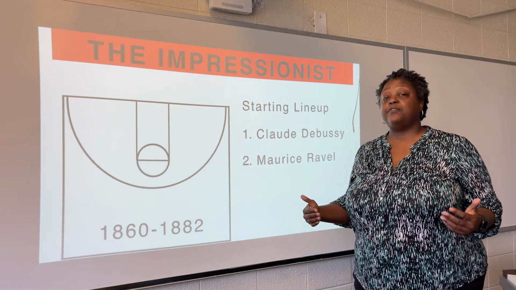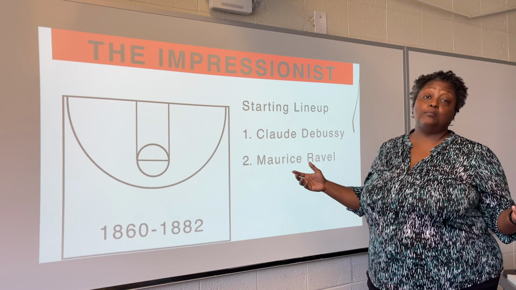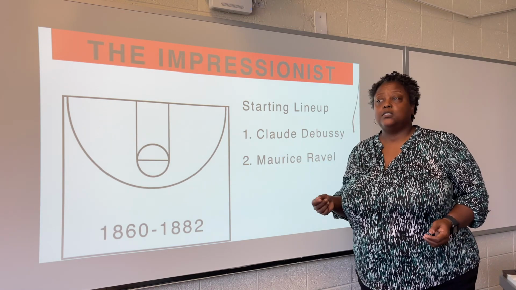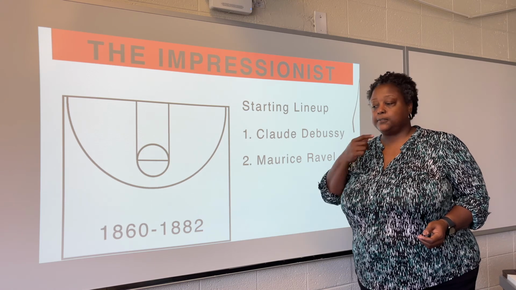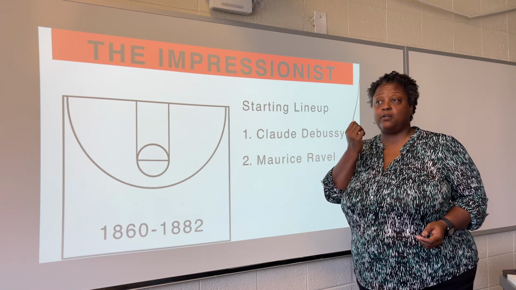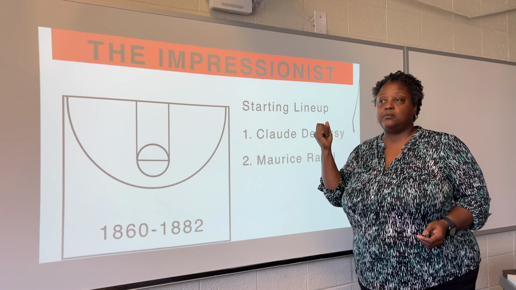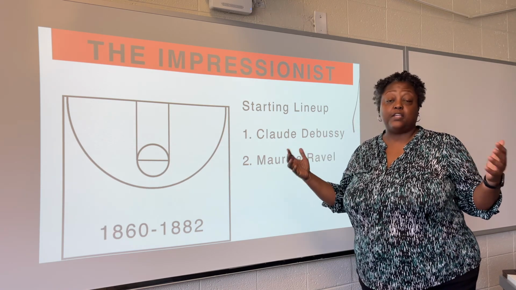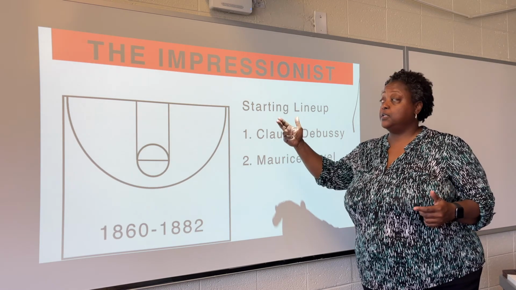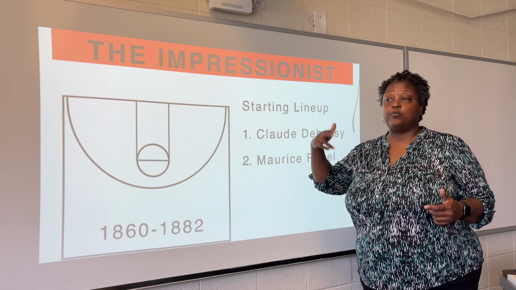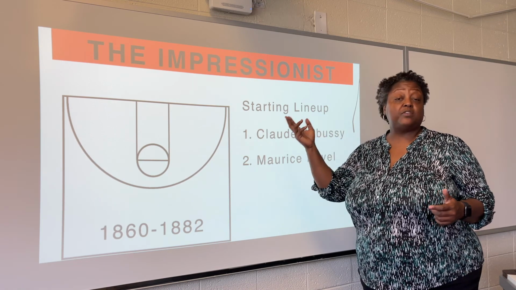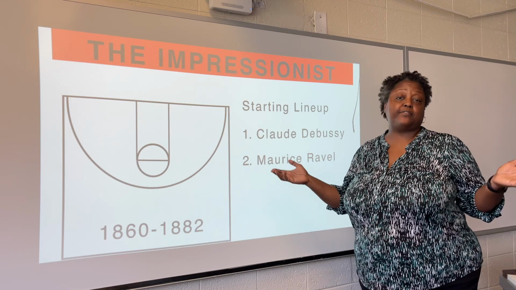So if they have their name on the exam, you know they are considered Impressionist composers. So if they're playing something like Prelude to the Afternoon of a Faun, it's an Impressionist period piece, and they may have Impressionist, Baroque, Renaissance, and Classical.